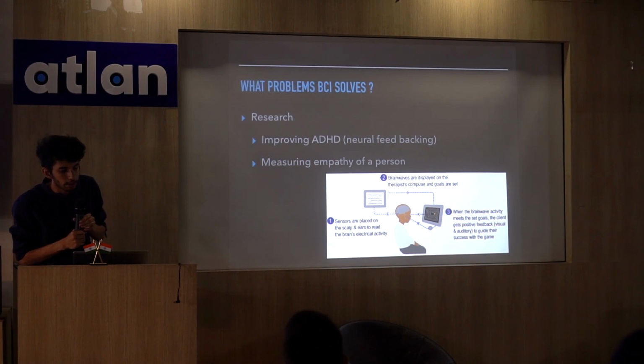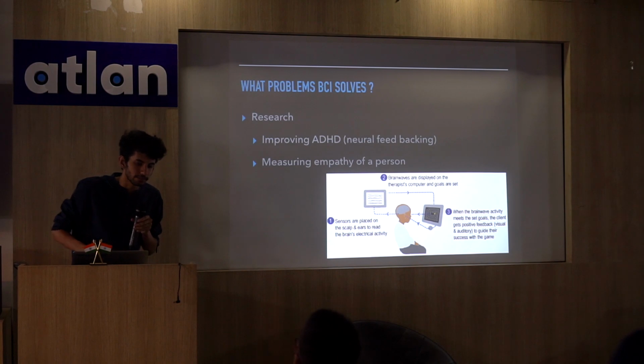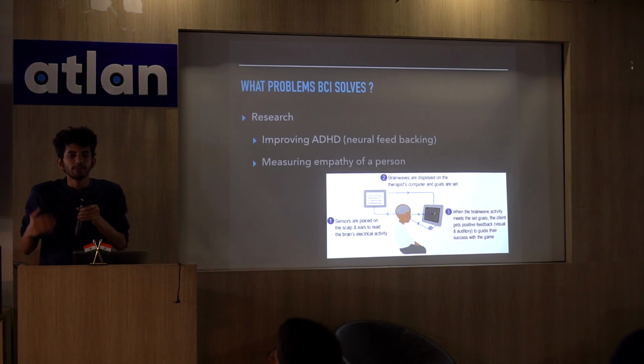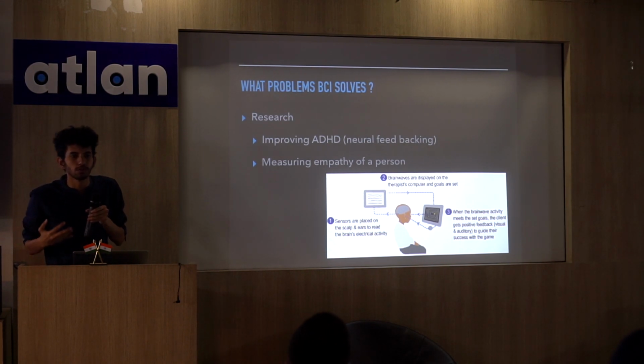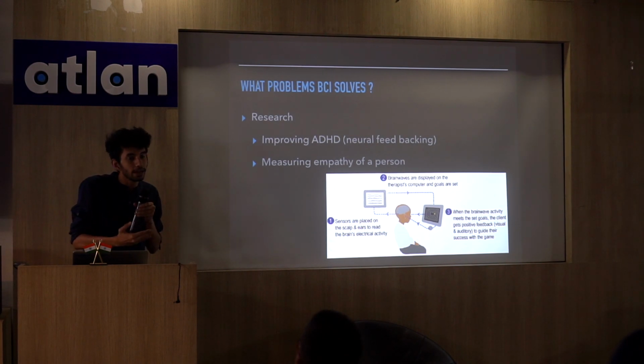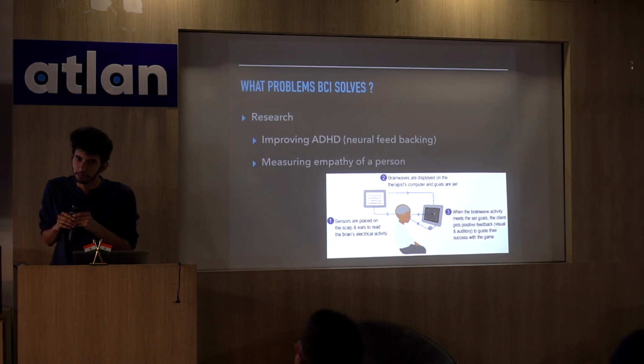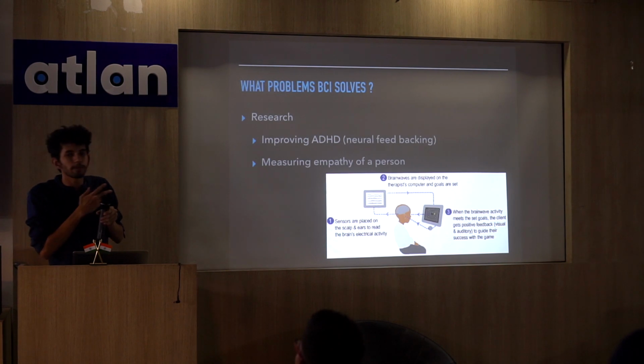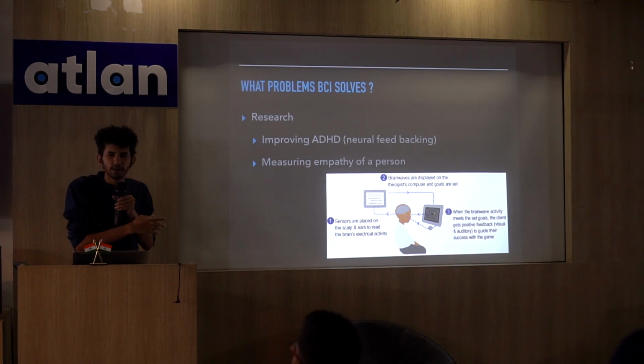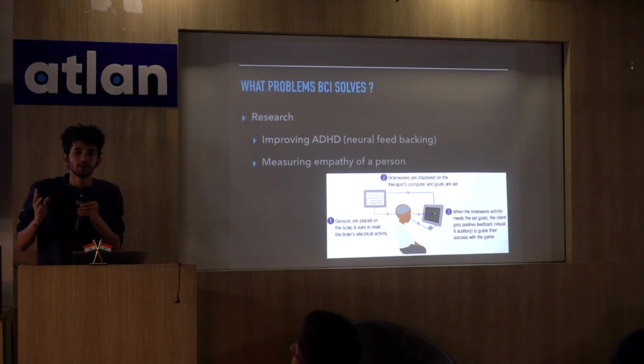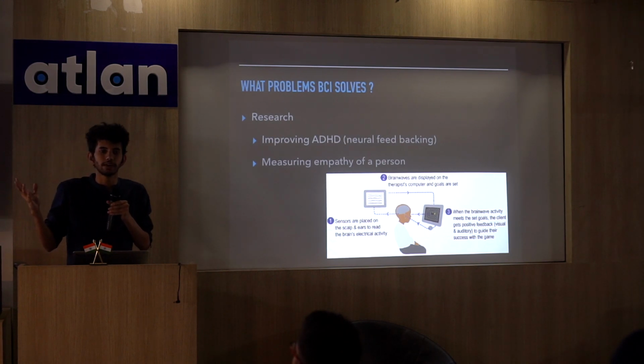And second is empathy of a person, which is something that I myself worked on, which is the level of sentiment that a person feels towards a particular thing or a particular incident. For example, if I show you a puppy photo, there might be a huge variation in reaction. Someone might hate it, someone might love it.